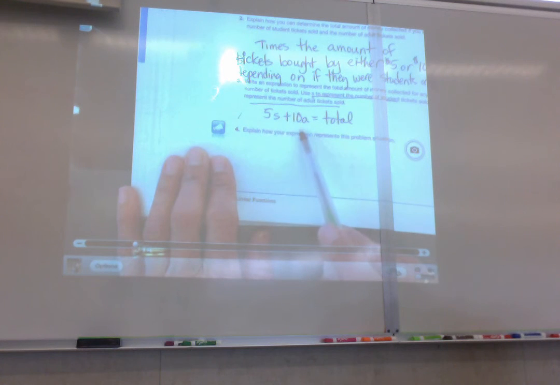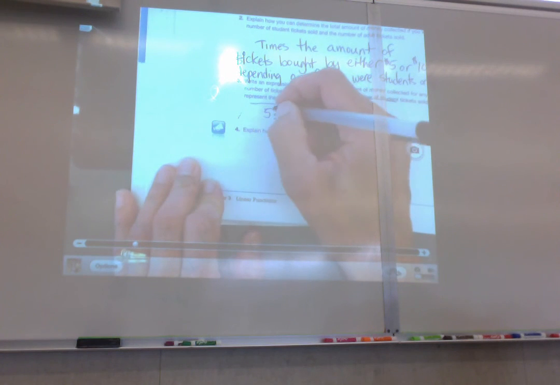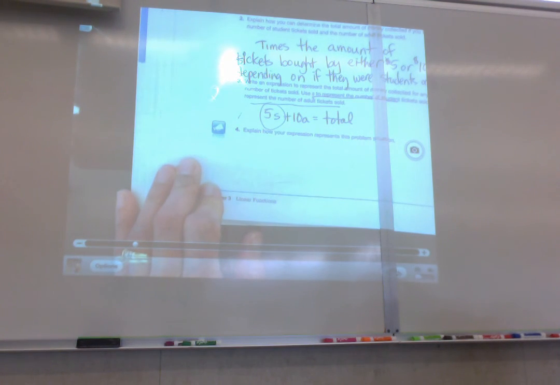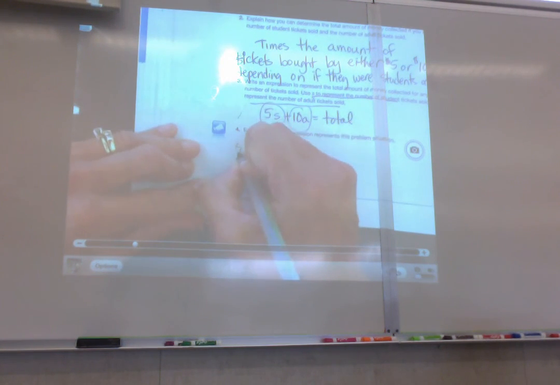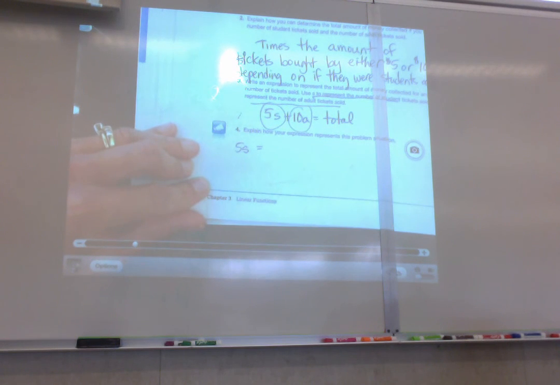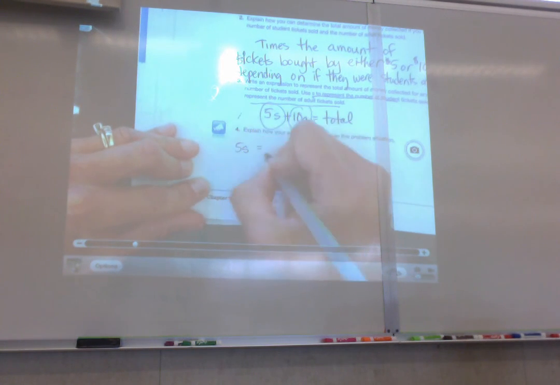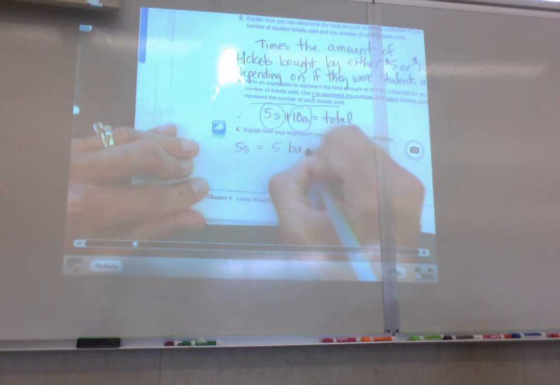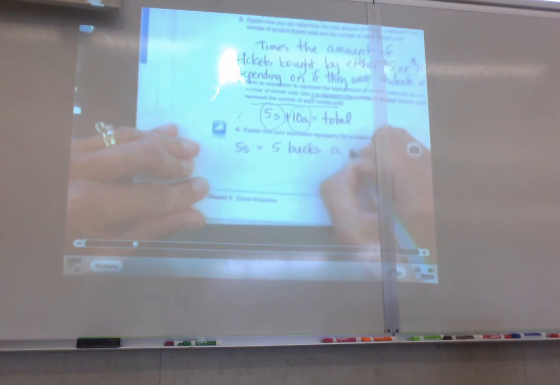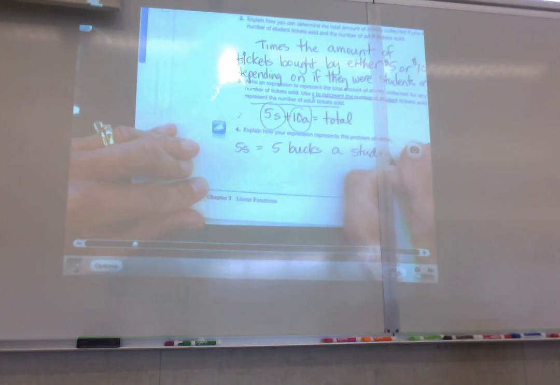If you don't have something for number 2 and 3, write that down. Explain how your expression represents this problem situation. What does 5S mean? What does 10A mean? 5S, what does that mean? $5 a student ticket.